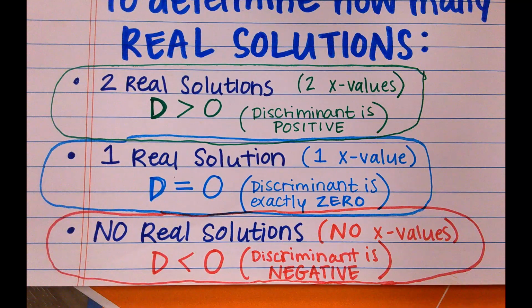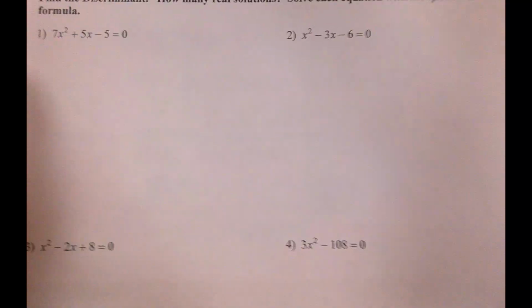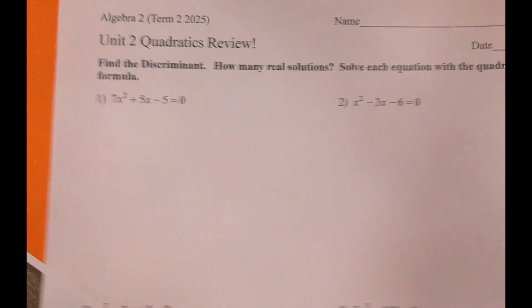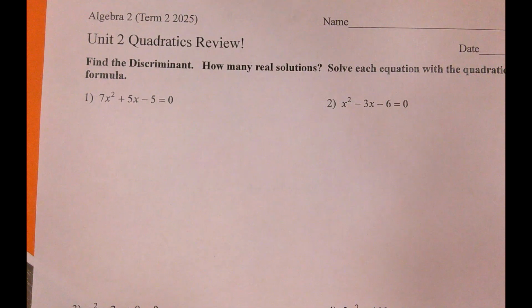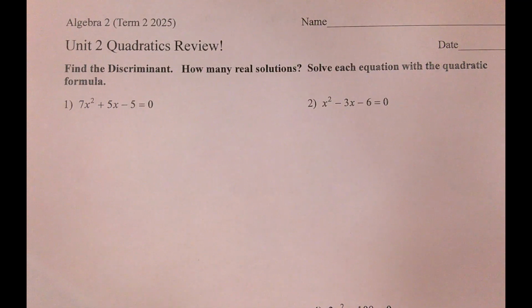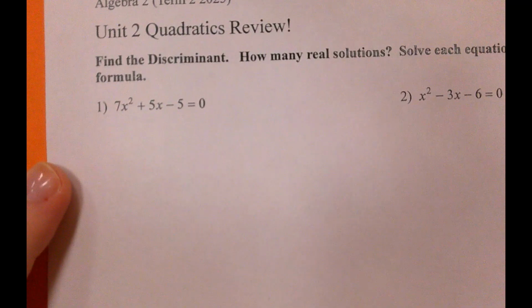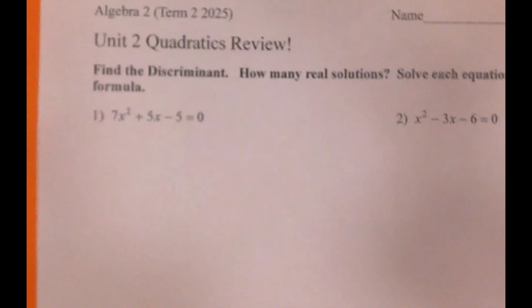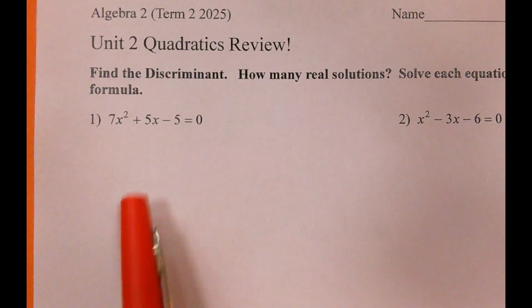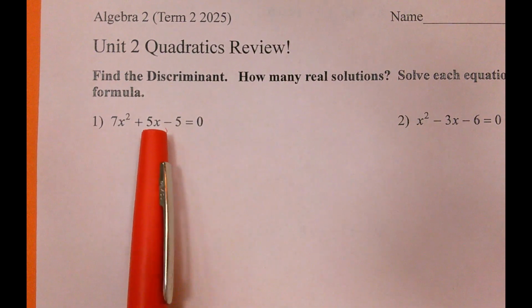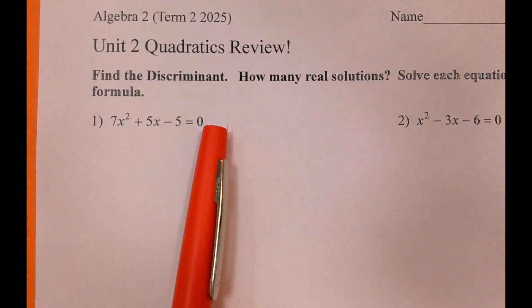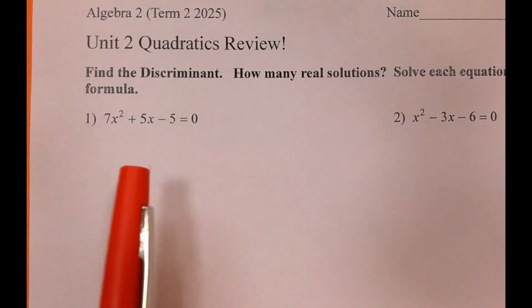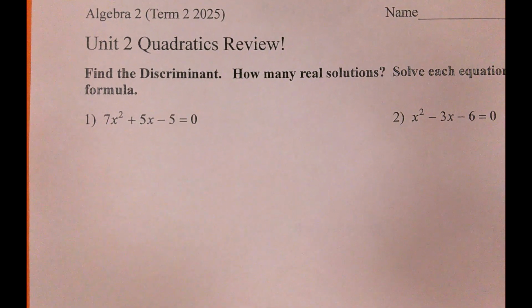So now that we've gotten this written down, we're going to look at this worksheet I gave you, and figure out what that means that we just wrote down. For number 1 on this worksheet, I have given you a quadratic equation, 7x squared plus 5x minus 5 equals 0.